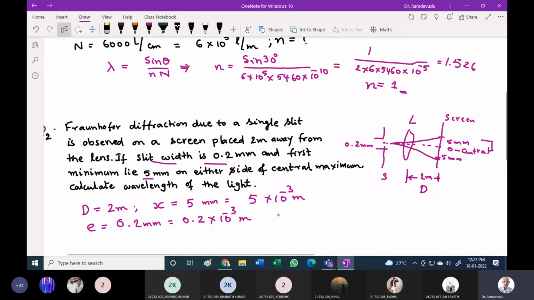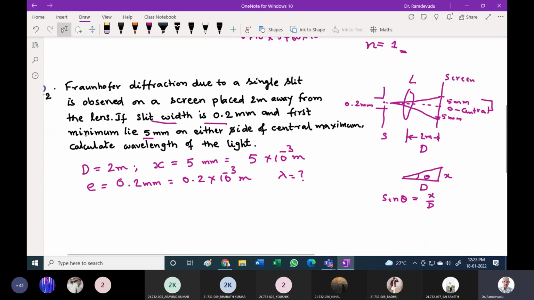And they're asking to find out lambda. From this diagram, they have given the distance D and the distance X, so that I can find sine theta, which is X by D. For the single slit minima equation, we have E sine theta is equal to n lambda.